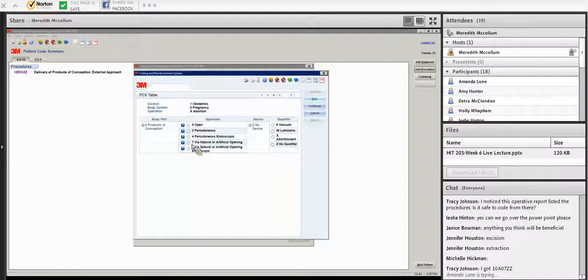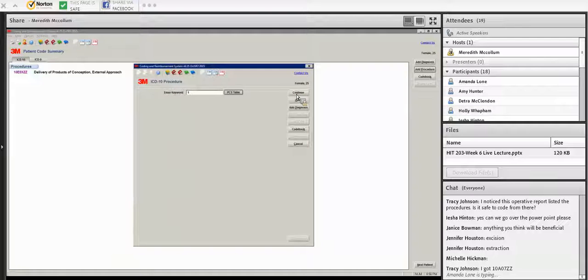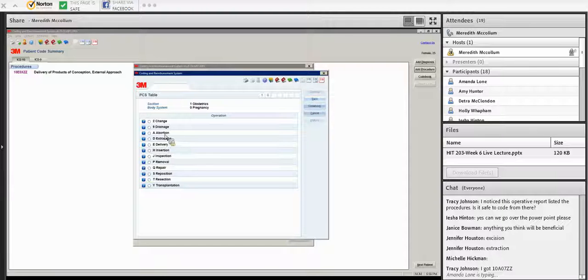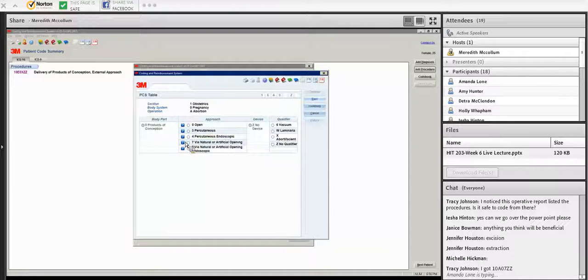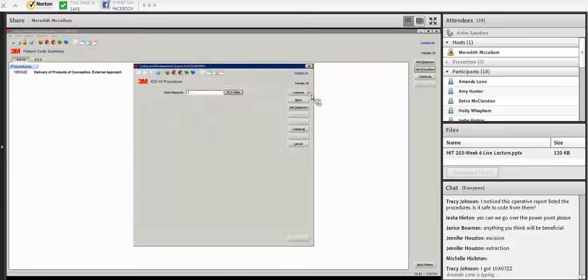It's going to be via natural or artificial opening, and then that's what the code would be right there. Well, why didn't it show it? 1A via natural. So it should be 10A07ZX. And that's what the answer has, but that is interesting. It's going a different way. Oh, crud. Hold on.